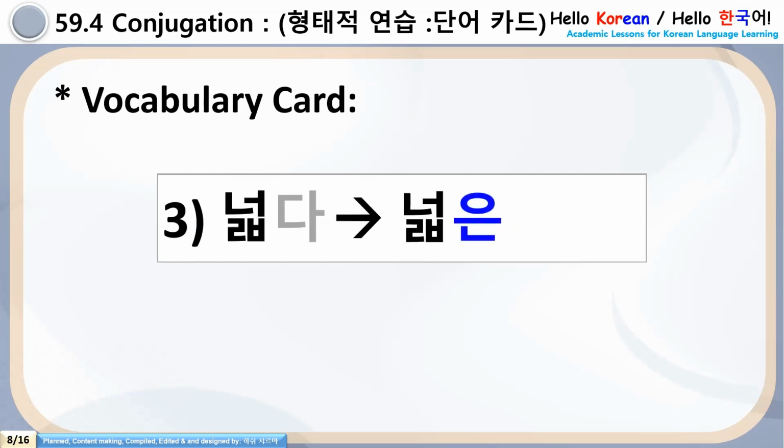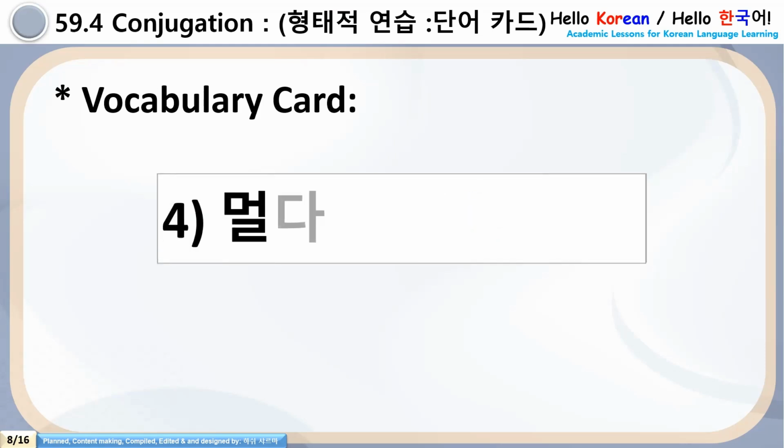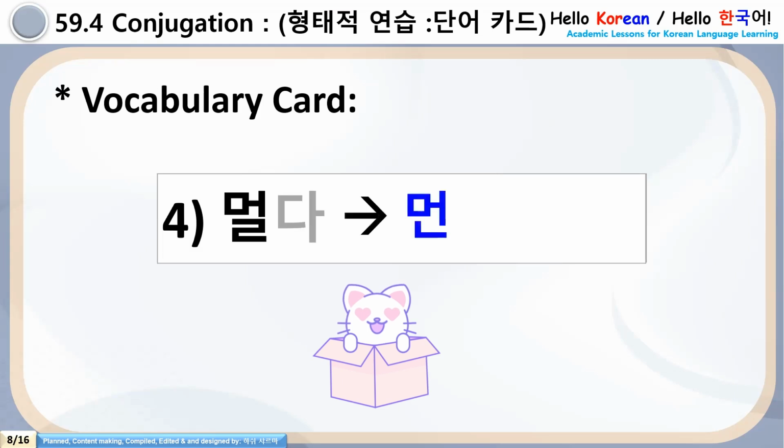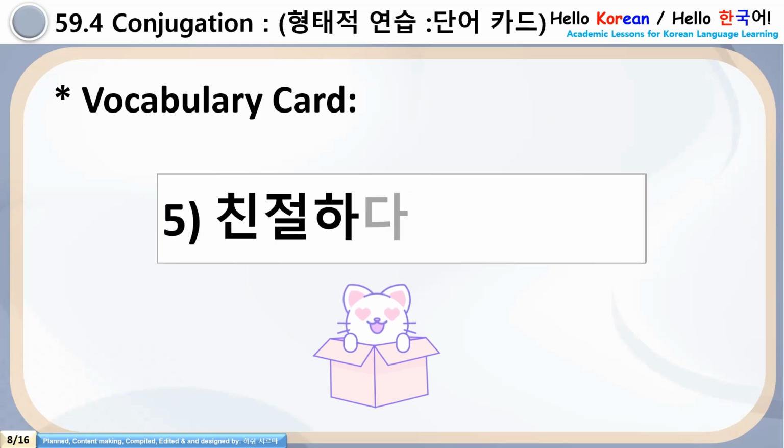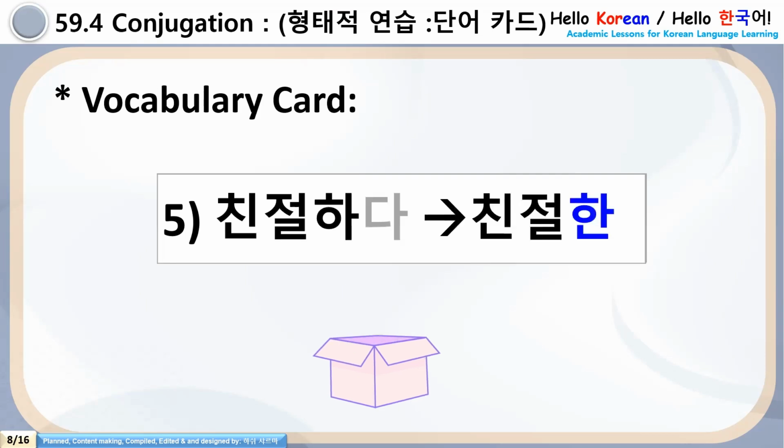Yes, nolban. And number 4, molda. Yes, be alert here. La pachim. What will happen? Yes, la dropping and molda will be mon. Number 5, chinjol hada. Yes, chinjol han. Clear, Yorobun, how to do the conjugation?